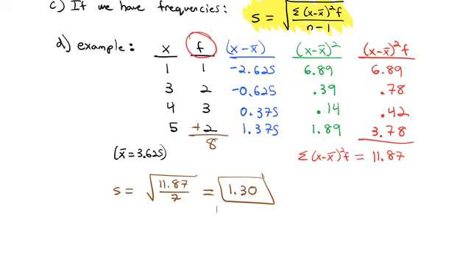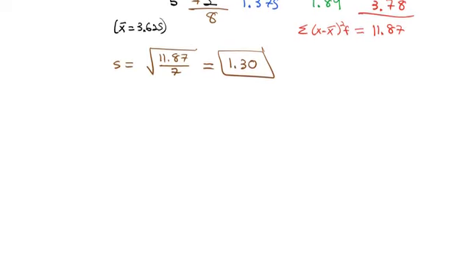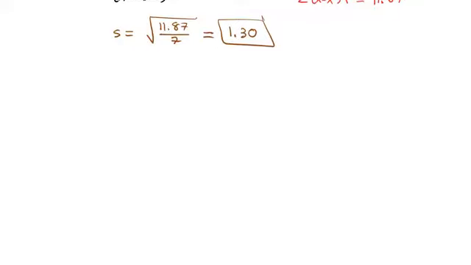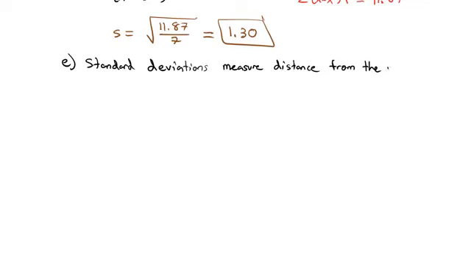Now, the standard deviation is actually quite nice because it gives us a way to compare data based on how many standard deviations we are from the mean. Standard deviations measure distance from the mean.